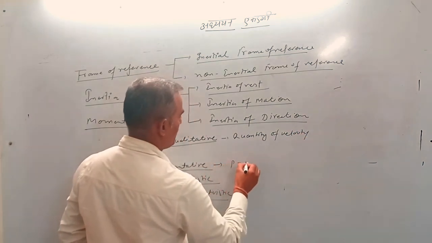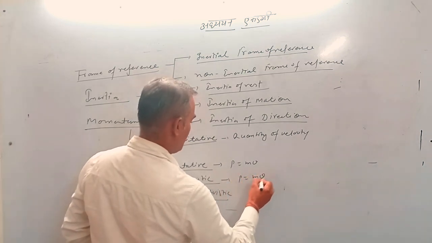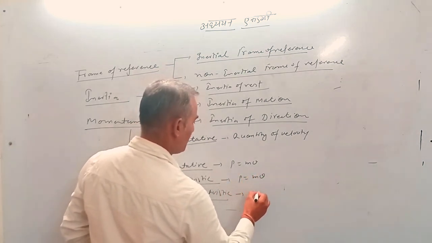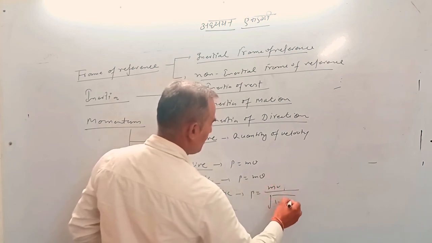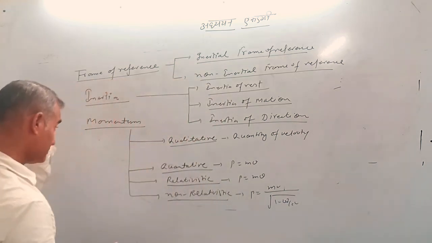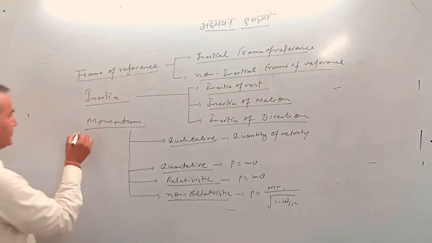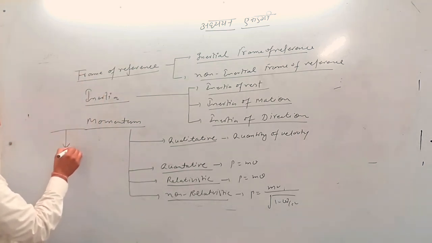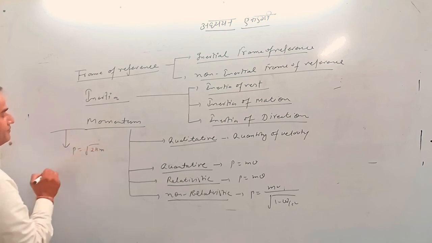Quantitative: P is equal to mv. Relativistic: P is equal to mv upon the square root of 1 minus v square by c square. And the relationship P is equal to the square root of 2Km.